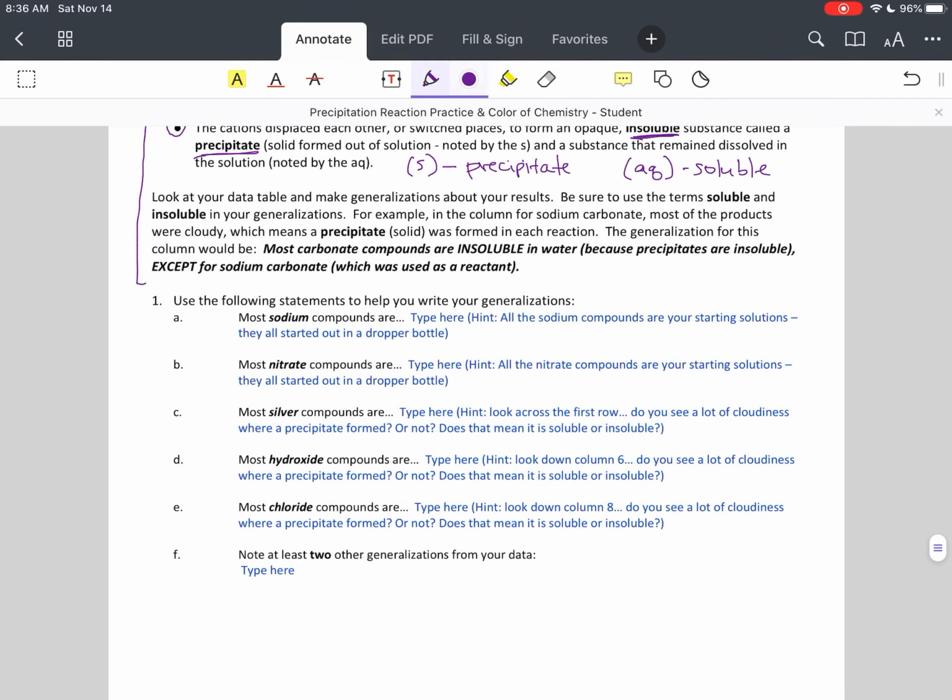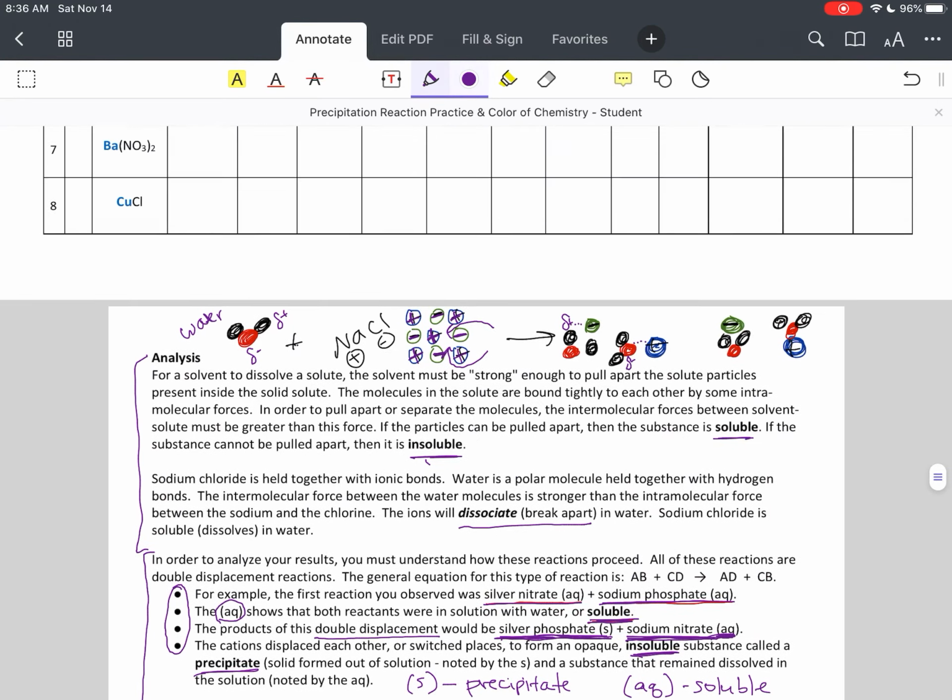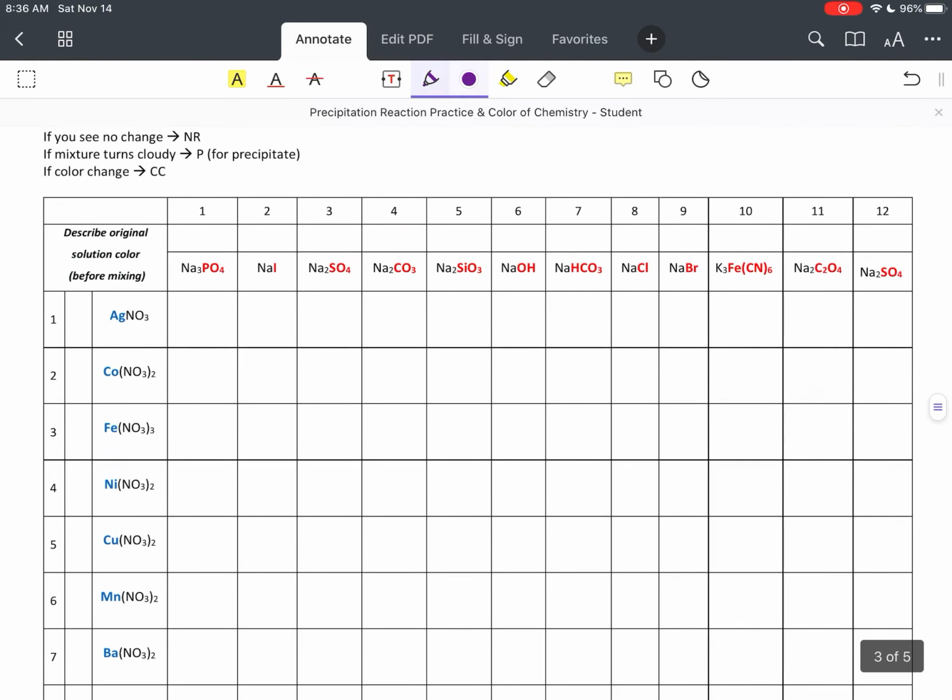So for these couple questions for number one, you're just going to make some generalizations from your data table. I've given you some hints, so most sodium compounds, if you go up to your data table here, if you notice, almost all of my starting solutions are sodium compounds. So what could you say?